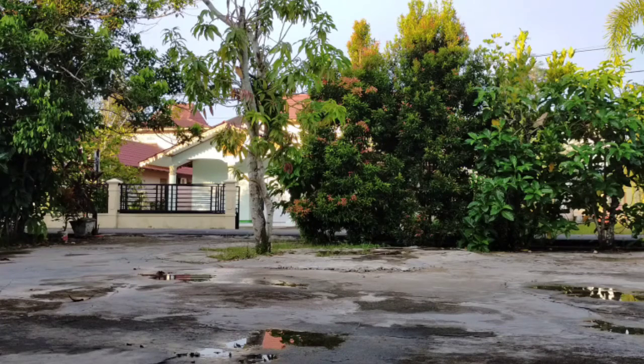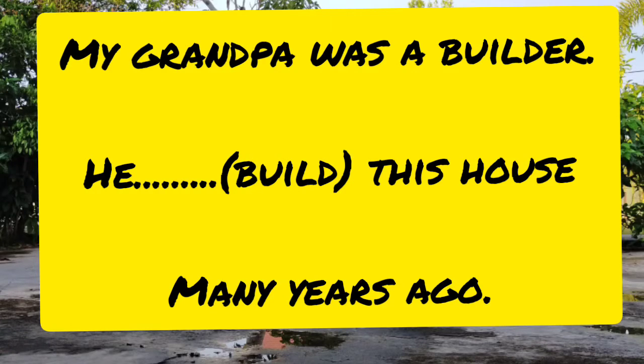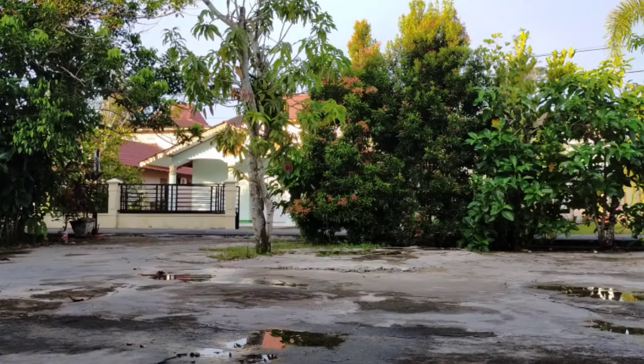Number 2. My grandfather was a builder. He blah blah blah built this house many years ago. So again about the house, but here we need to ask ourselves, he, is it a doer or receiver?